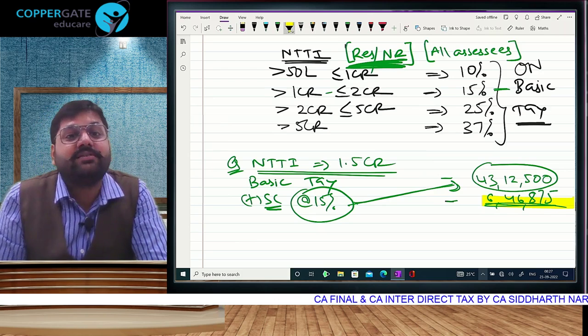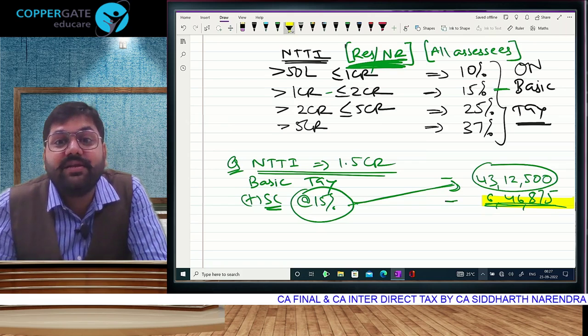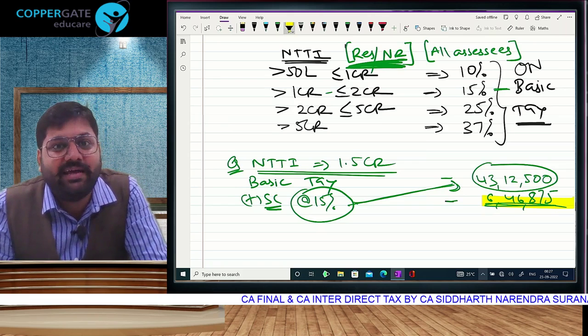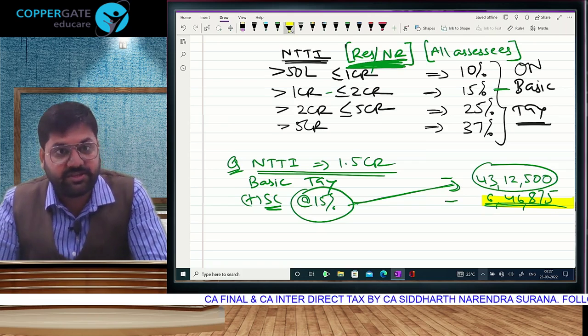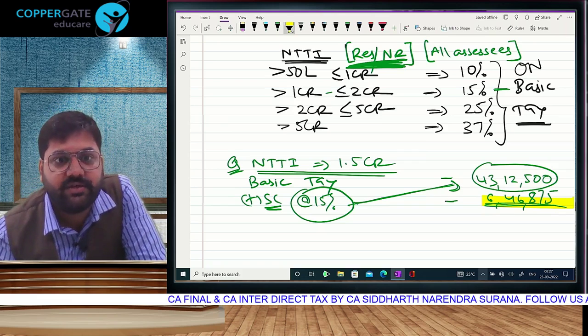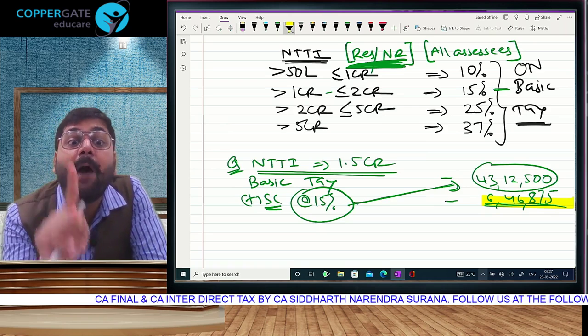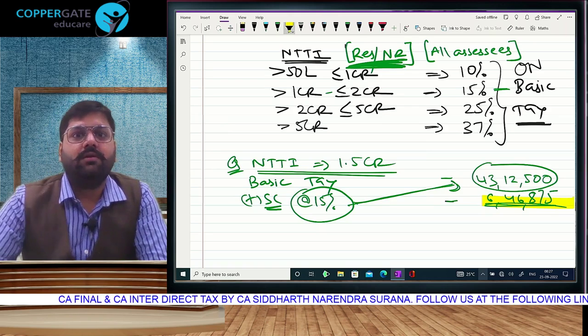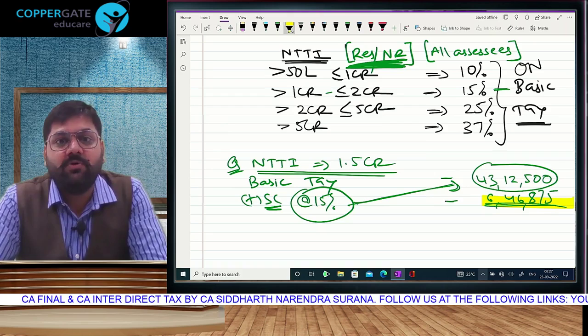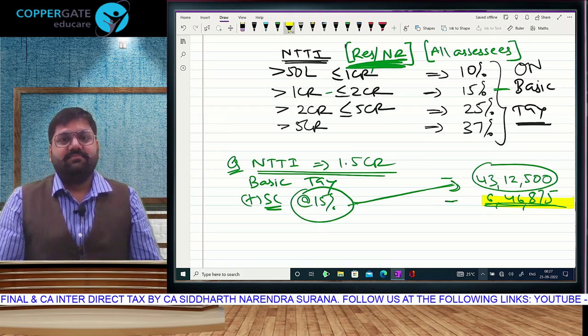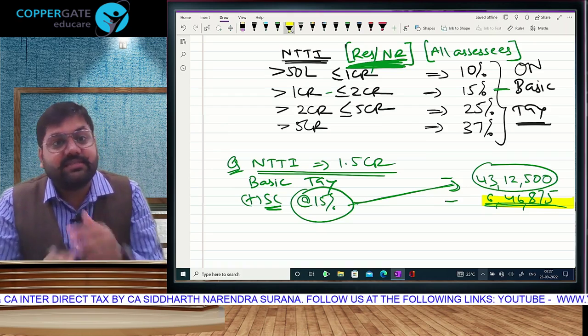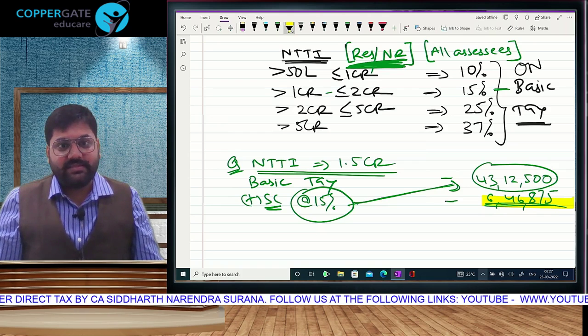I am not interested in the amount. I am interested in your conceptual clarity. Whenever there will be surcharge, whatever be the rate of surcharge, 10, 15, 25 or 37, it will apply on basic tax ka amount. I am interested in that. And the other things, jaise surcharge will come for everyone. That is clear.